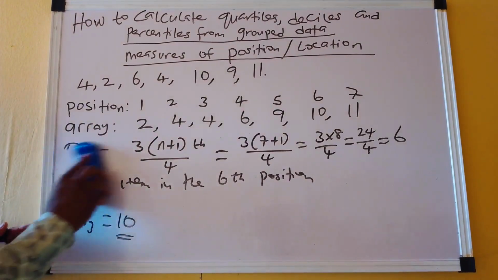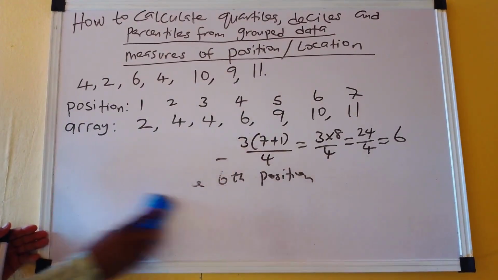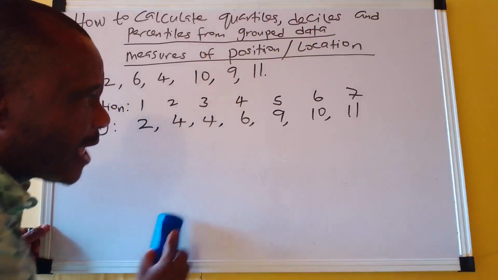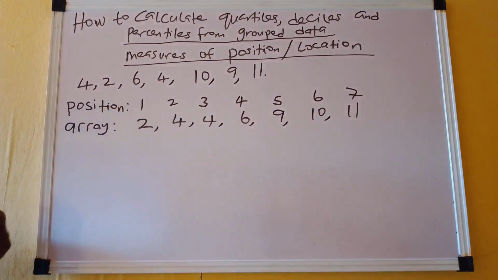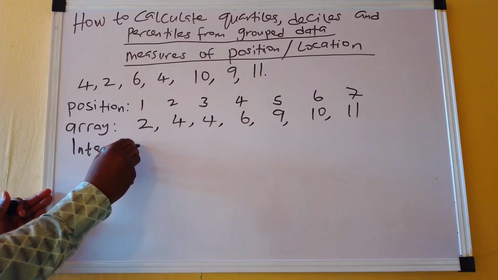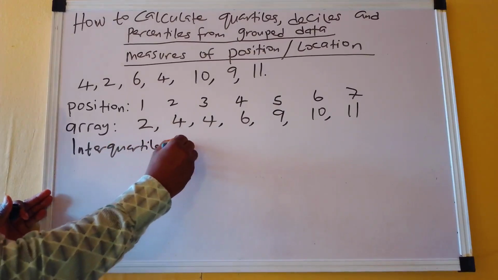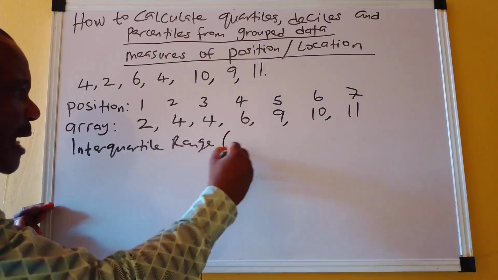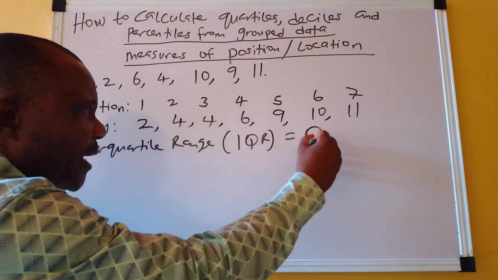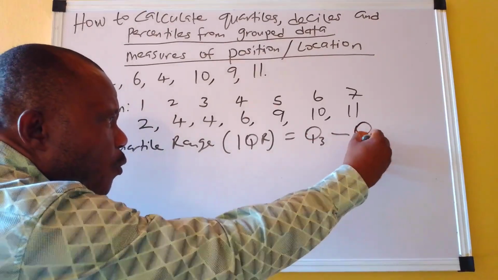Now there is what we call the interquartile range and the semi-interquartile range. The interquartile range, denoted as IQR, is equal to Q3 minus Q1.